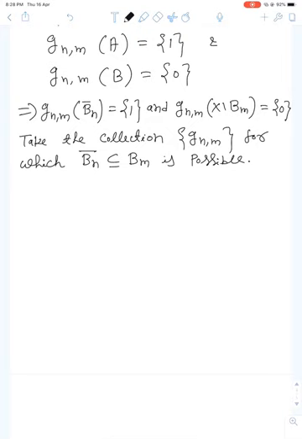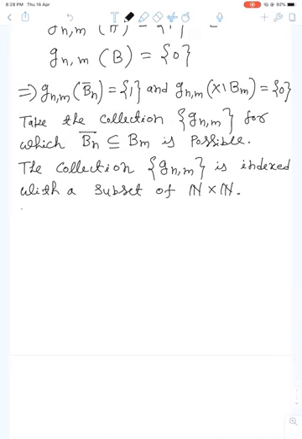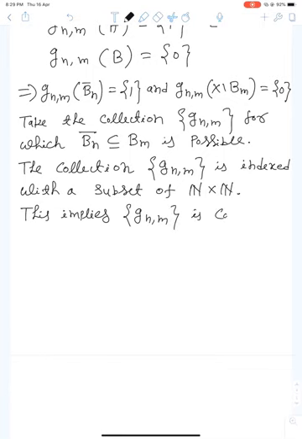Why? Because the collection g n,m is indexed with a subset of N cross N. Now this implies this collection is countable.